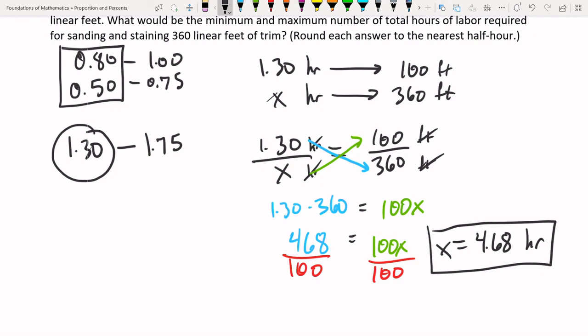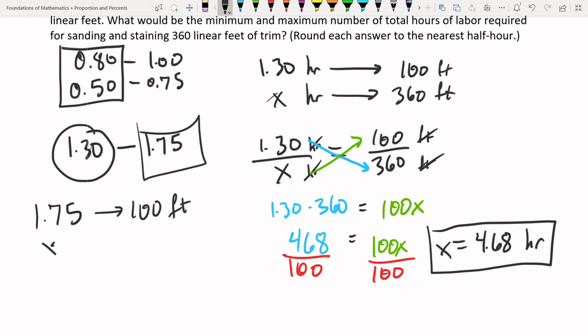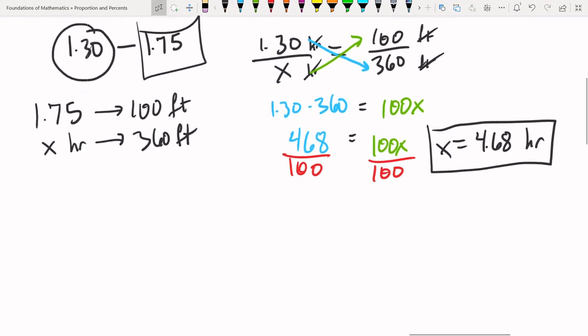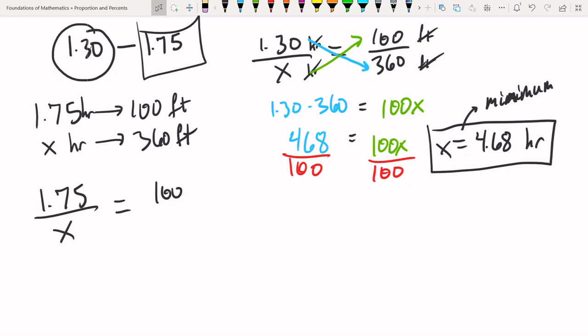What's the maximum? Well, the maximum is 1.75. So we're going to use pretty much the exact same proportions, except now instead of 1.3, we're going to use 1.75. Okay, now we can do 1.75 hours over x hours equals 100 feet over 360 feet.